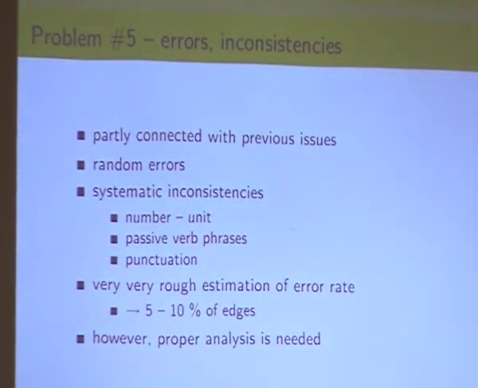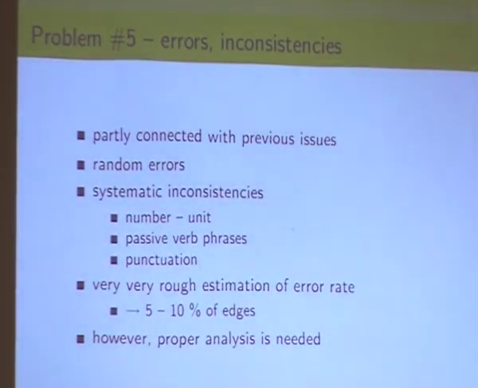And our very, very rough and very, very preliminary estimation of error rate on this analytical layer, meaning just the percentage of wrong edges in the tree, is about 5, maybe up to 10%.